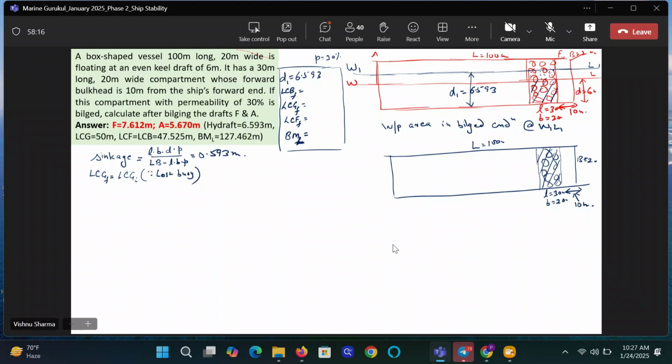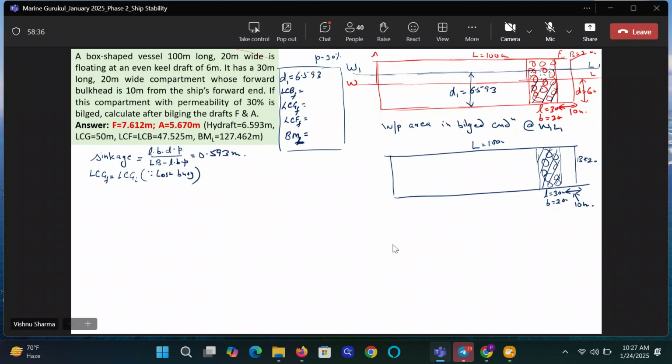Guys, in the initial condition, can you see any relationship between LCB initial and LCG initial? Both are equal. Why are they equal? Vessel is in even keel, intact condition.